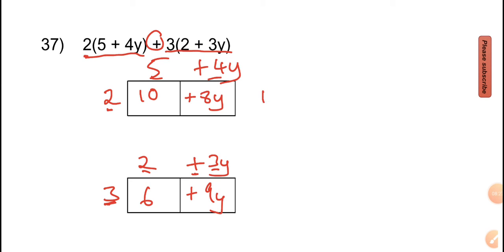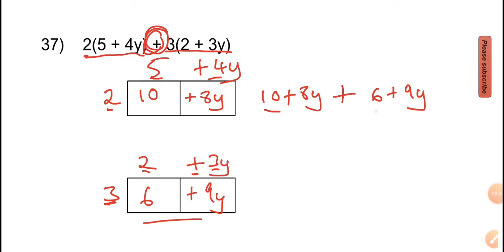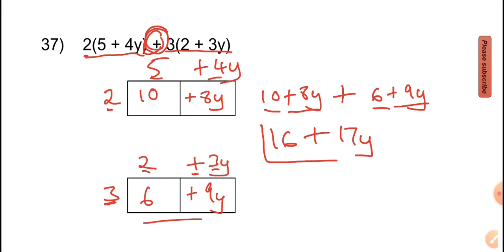So we have 10 plus 8y, and from here we had 6 plus 9y. So 10 add 6 is 16, and then plus 8y and plus 9y is 17y, so it's plus 17y, and this is the final answer, 16 plus 17y.